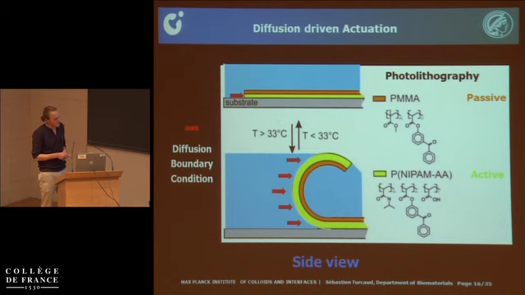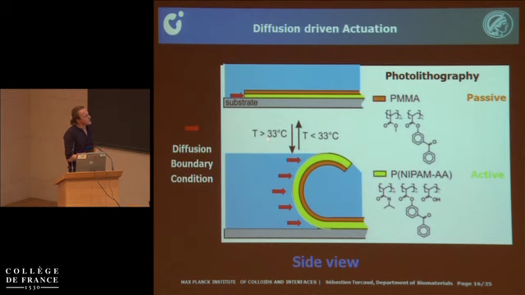And on the bottom you have another polymer, NIPAM, that actually swells about 10% when we switch above a critical temperature. This temperature can also be tuned by playing with the chemical composition of the solvent.